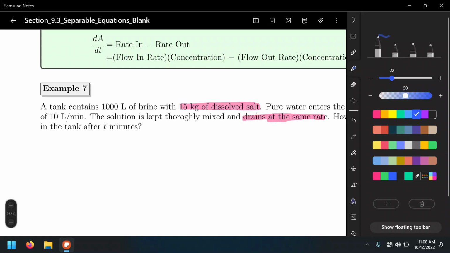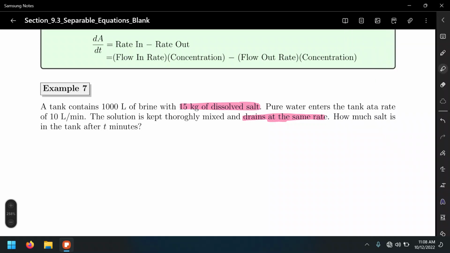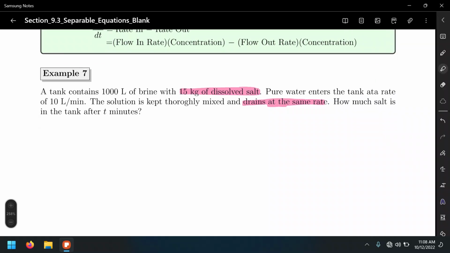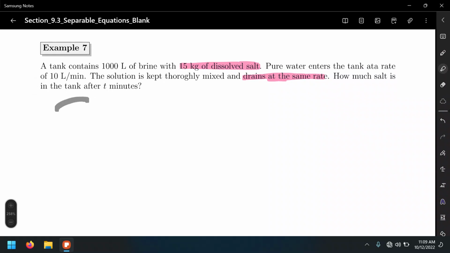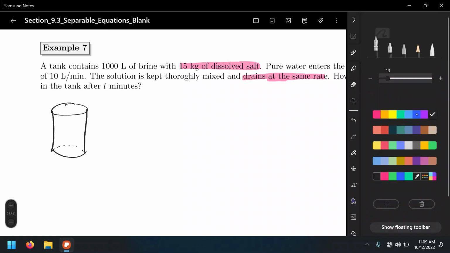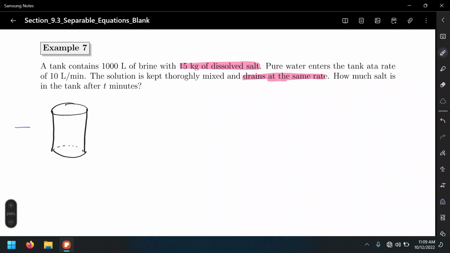All right. So let's draw a picture. Let's see what we have. So we have this tank. We have something coming in, something coming out. So what comes in?